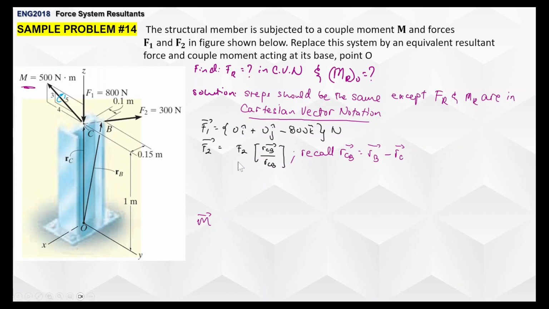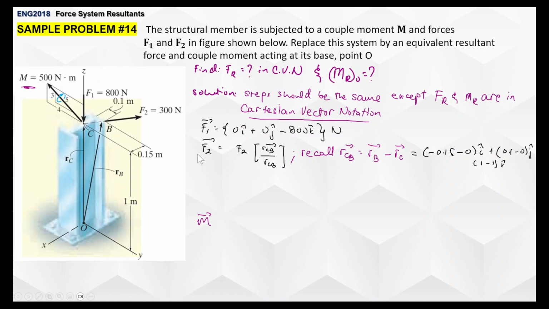Okay, and this is negative 0.15 minus 0 i hat plus 0.1 minus 0 j hat plus 1 minus 1 k hat. So it's basically the coordinates of B subtracting the coordinates of point C. So for point B, we have negative 0.15, positive 0.1, and 1 meter k hat.